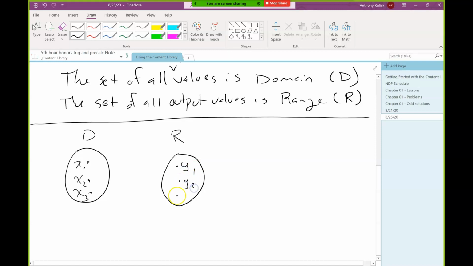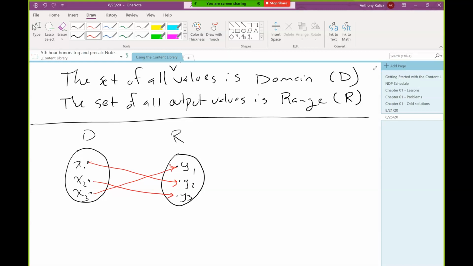Usually we draw 2 ovals, one to represent the set for the domain and one to represent the set for the range. Then we'll write in some elements inside of those sets, and draw some arrows that signify the pairing, or the mapping, or the assignment of x's onto y's.